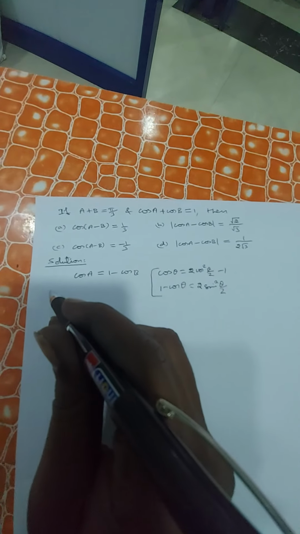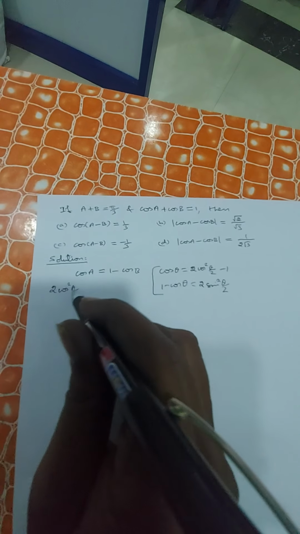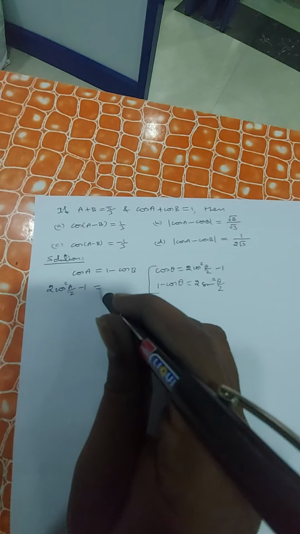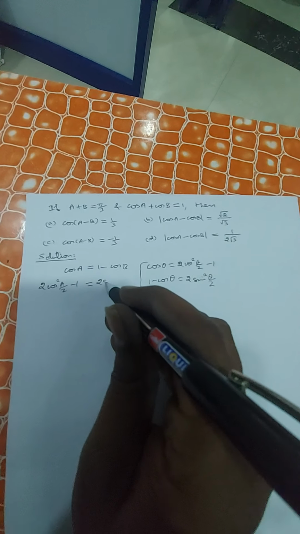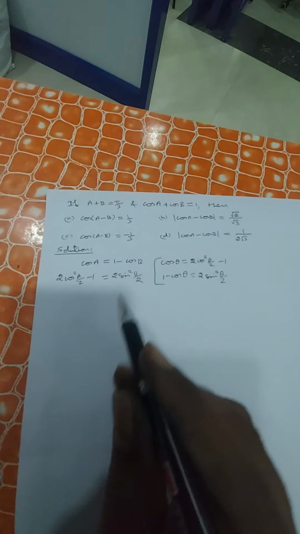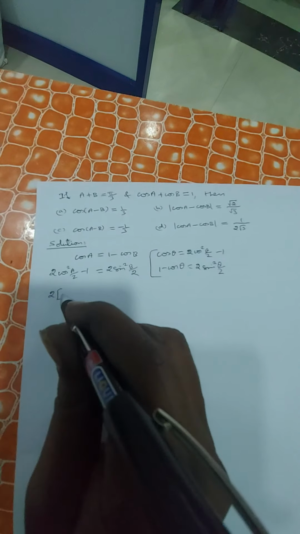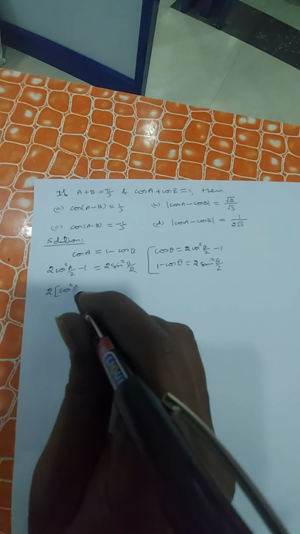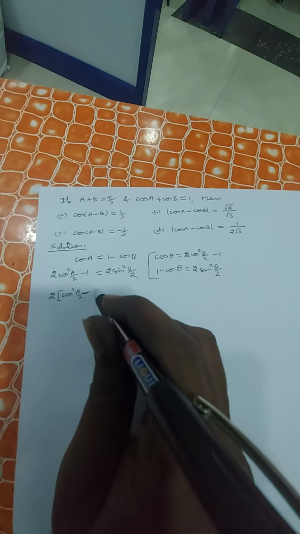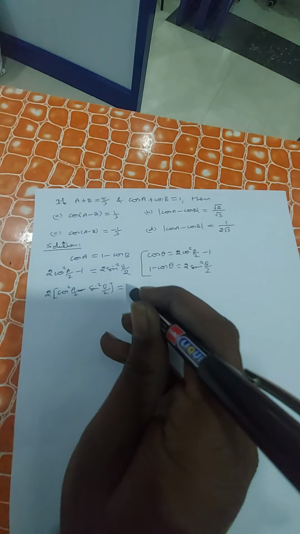The left side will become 2 cos square a by 2 minus 1, and then 2 sin square b by 2. Here 2 can be taken out: 2 into cos square a by 2 minus sin square b by 2 equal to plus 1.